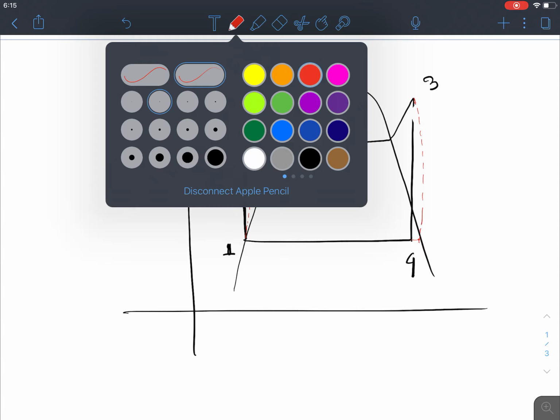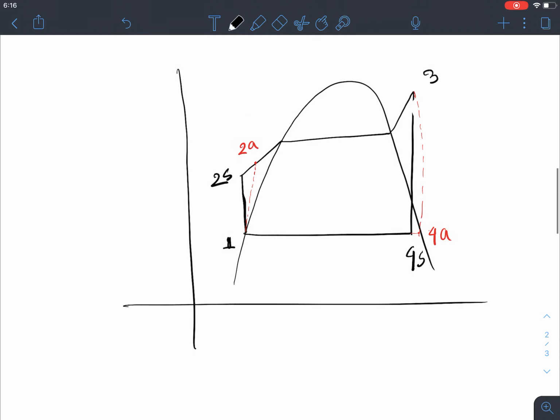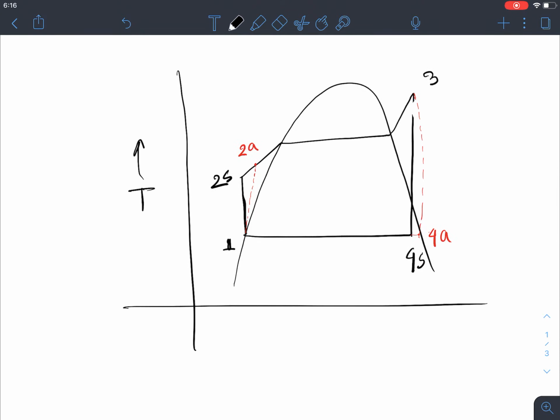So this is 4 actual, and this is for isentropic or ideal.